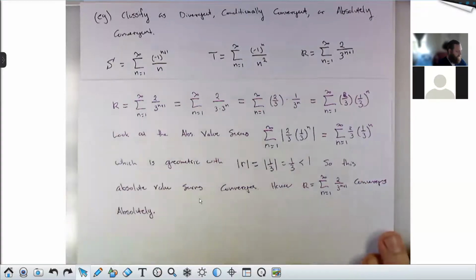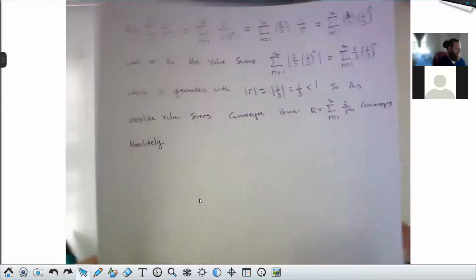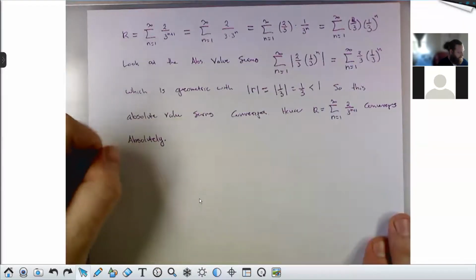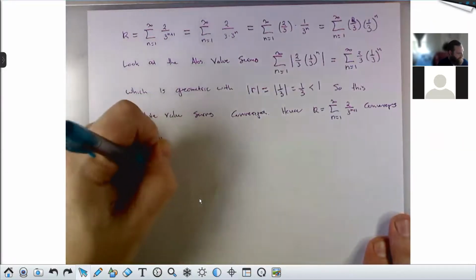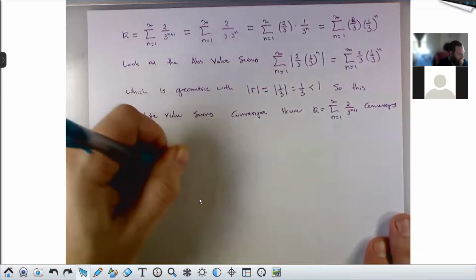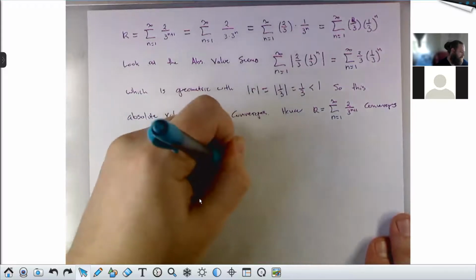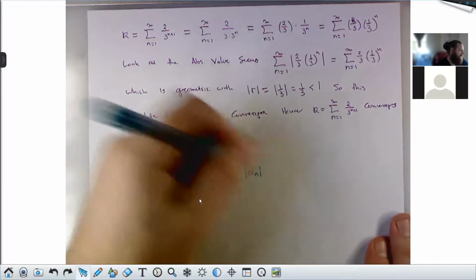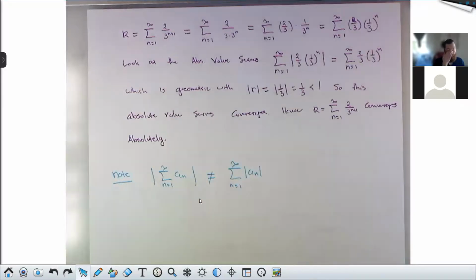One last little note, and then I'll introduce these new tests. If you take absolute values outside the series, this is not the same as taking absolute values inside the series. So be careful with your notation.